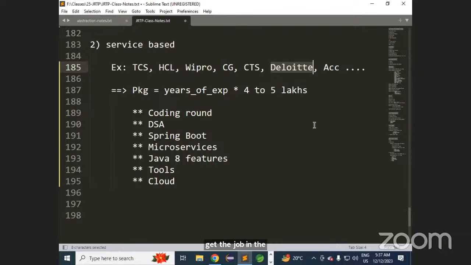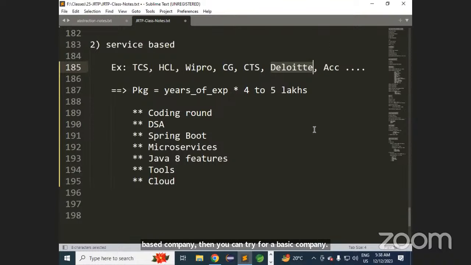But if you go for a service-based company, 99% of the chances are there to get the job. So first we want to get the job, whether it is prod-based or service-based. If you already have a job in a service-based company, then you can try for a prod-based company. Are you getting my point?